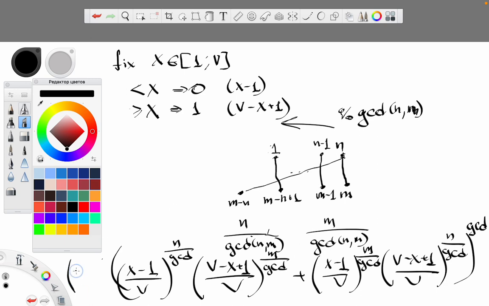So it's like a minus x minus 1. No. If it's random, then the expected value is (v minus x plus 1) divided by v. So we multiply this by this thing and add to the answer. That's it. And I can calculate that just by iterating over x and summing up this thing.